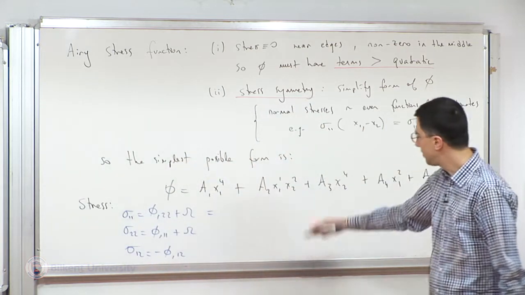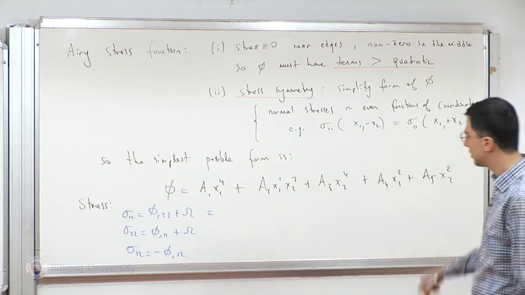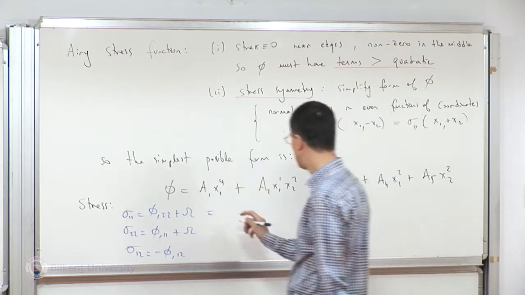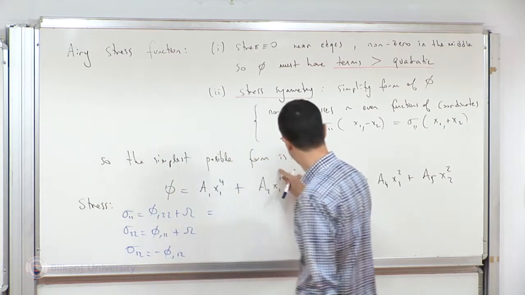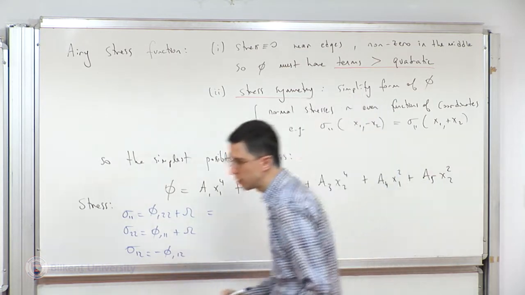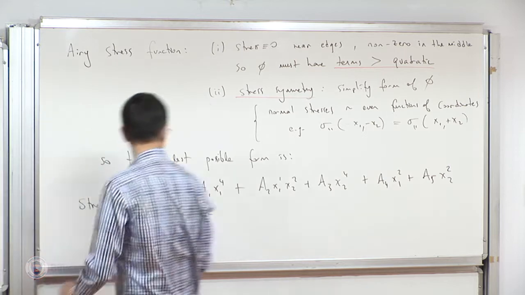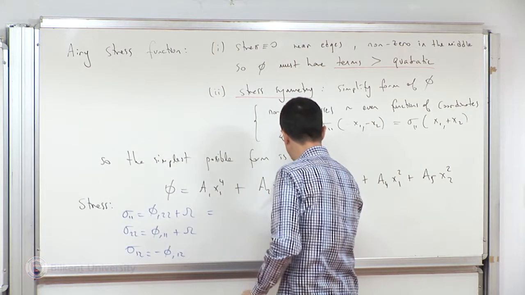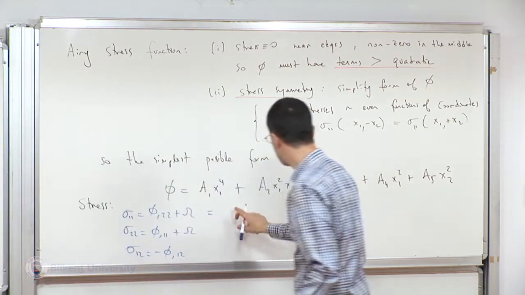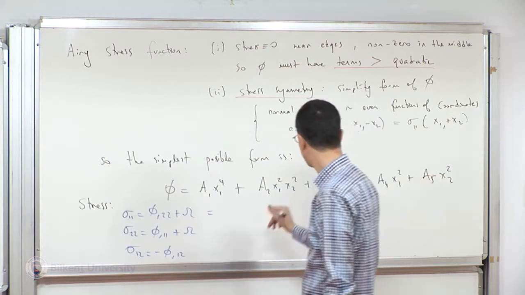So I can go ahead. I have the Airy stress function. I can take derivatives. So with respect to 2, I have, so this has to be a square. I don't know why I wrote 1. Okay, so let's take two derivatives with respect to x2.